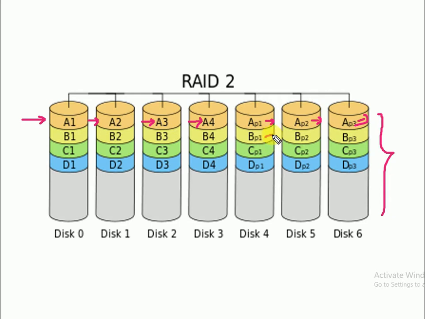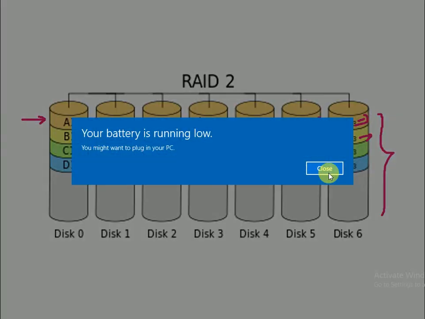Here we can see that we require more disks for storing the parity information, also for controlling the various accesses of all these elements. So two points to be remembered. One point is that each of these strips is bit level, bit by bit storage. The second is that it requires additional disks for storing parity, or the information related to the parity data.